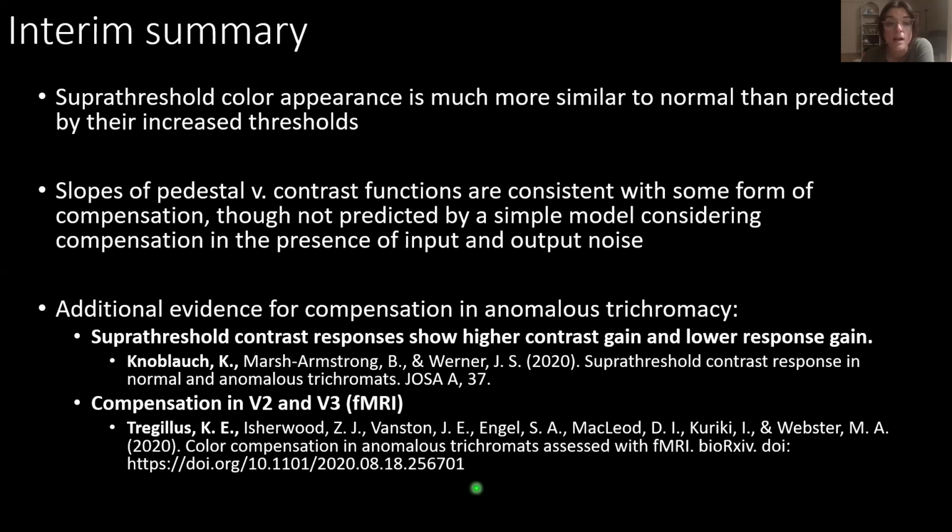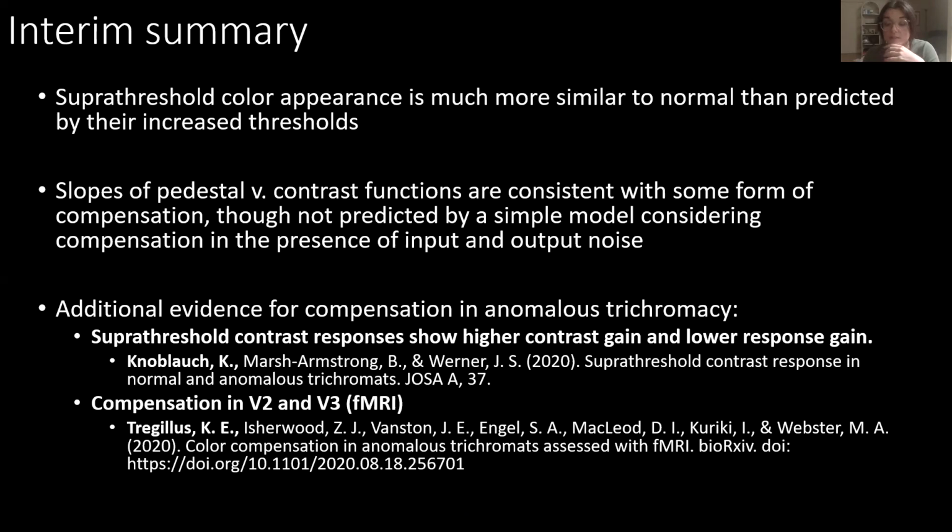directly from him. But second, Katie Tregelis and others showed compensation at the cortical level, using fMRI to image anomalous responses to chromatic contrast. This was a really exciting result, and specifically they found that compensation didn't appear in area V1, but the contrast response functions were indistinguishable from normal in areas V2 and V3.